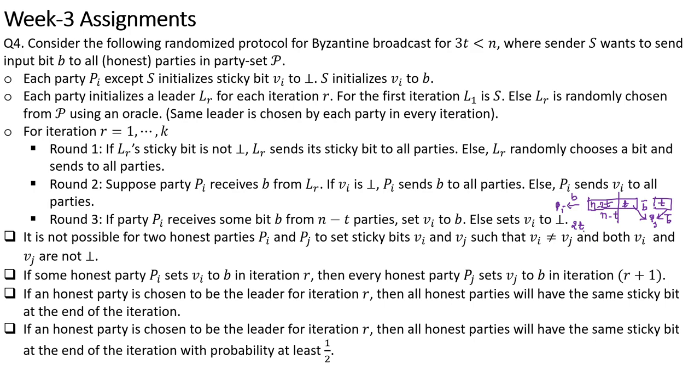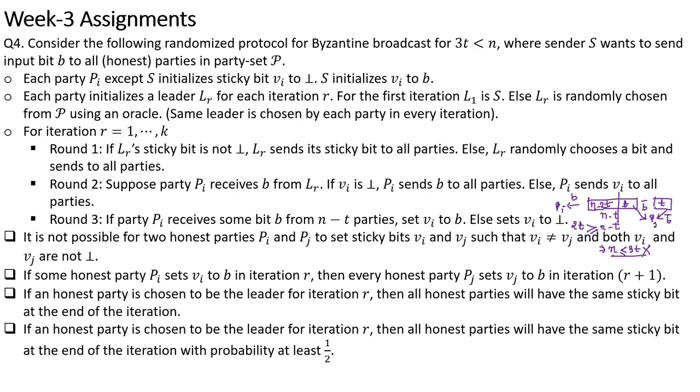Now is this a sufficient number so that Vj is equal to B complement? For that we need 2t to be greater than or equal to n minus t. That means n should be less than or equal to 3t.